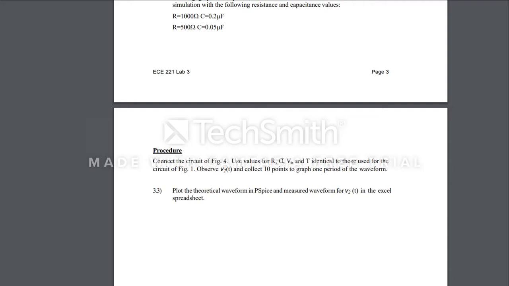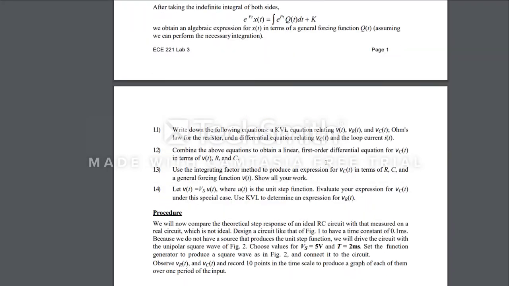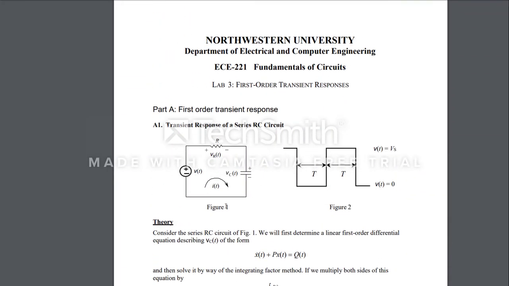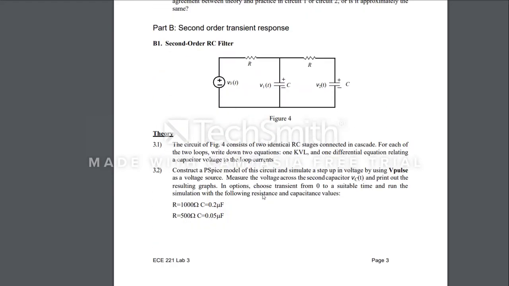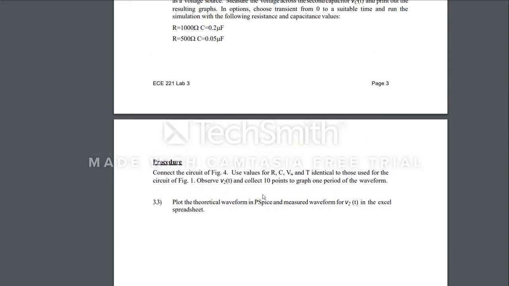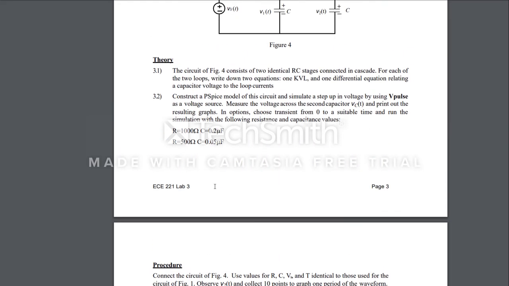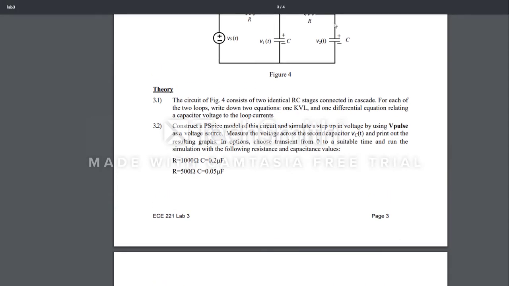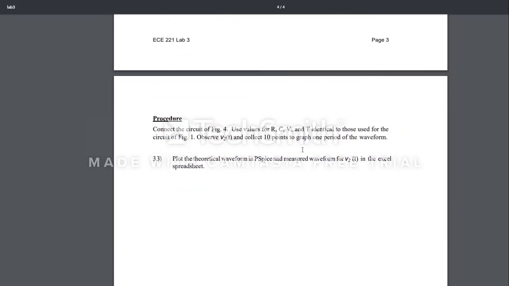Now we're going to use the RC values and the pulse parameters that are identical to the ones that we used for figure 1. Right, and then we're going to observe the voltage across the second capacitor. Now let's do it.